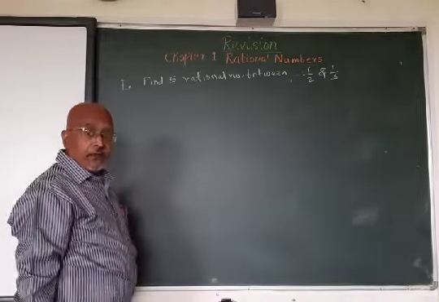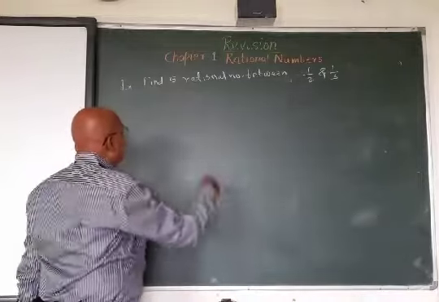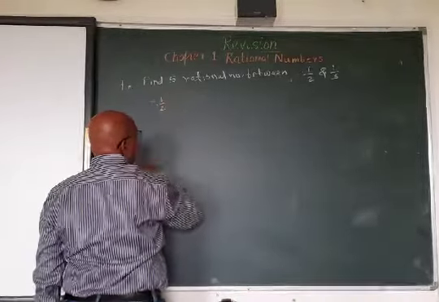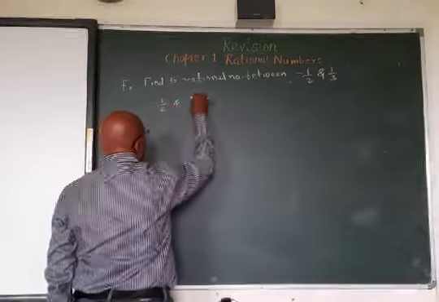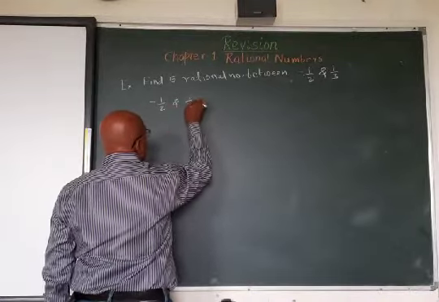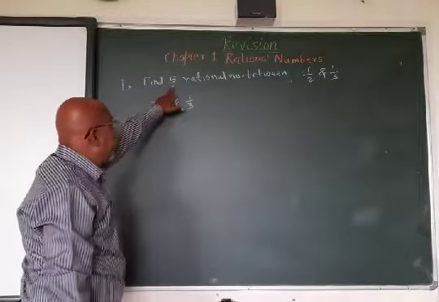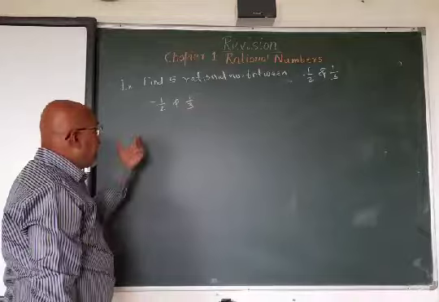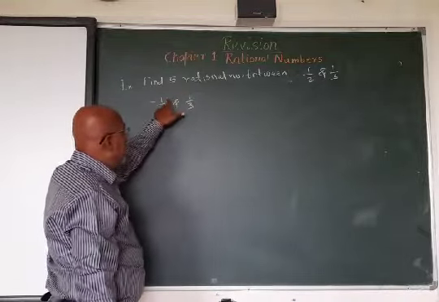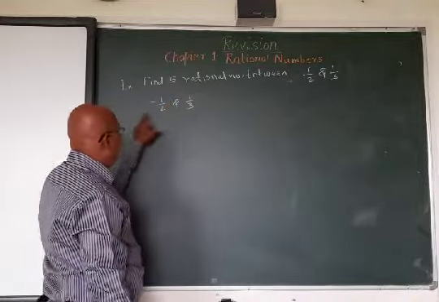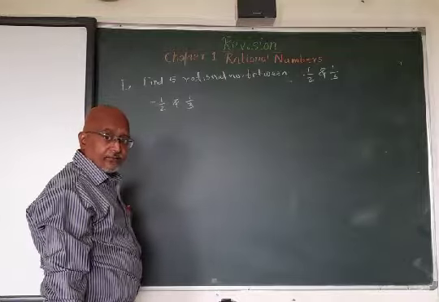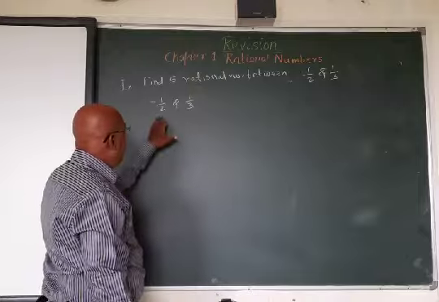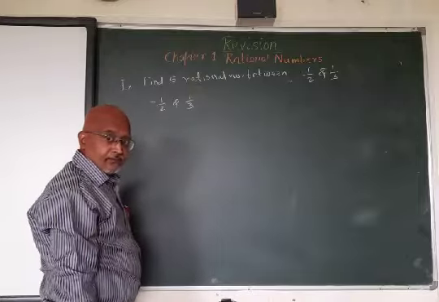So how can we approach this? In these two numbers we have to find 5 different rational numbers. Here the numerator is 1 in both places, yes, the signs are different. So what we'll do is make the denominators the same.